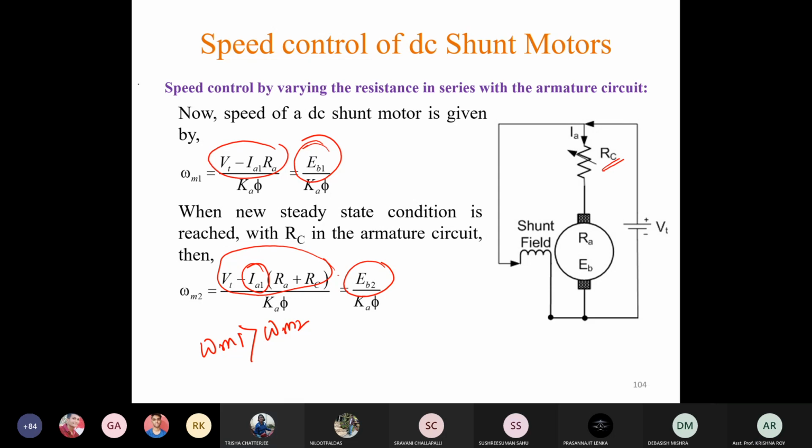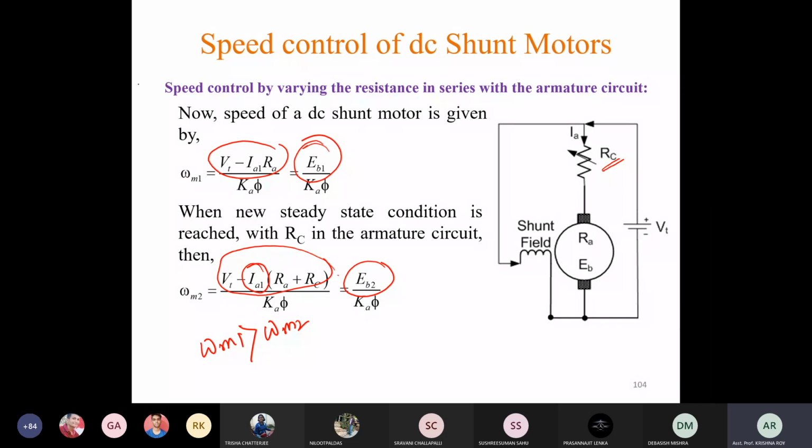Yes, sir. So that is how we control the speed of a DC motor by inserting some resistance in the armature circuit. Though we are inserting some resistance in the armature circuit, it is very common to think that the armature current value will change.